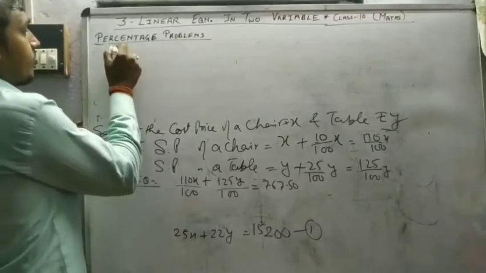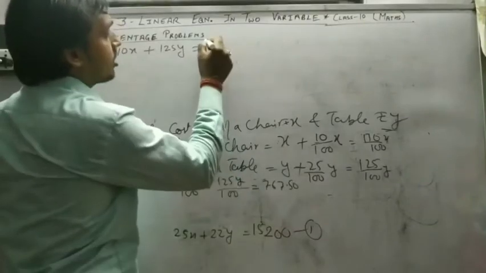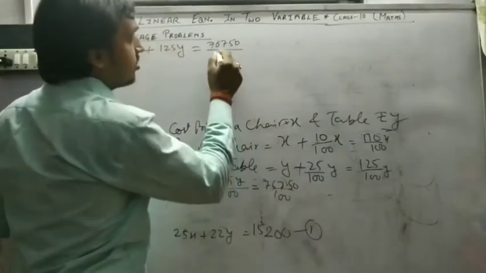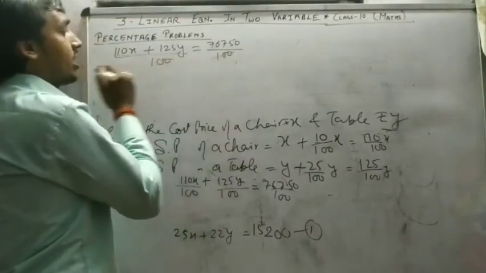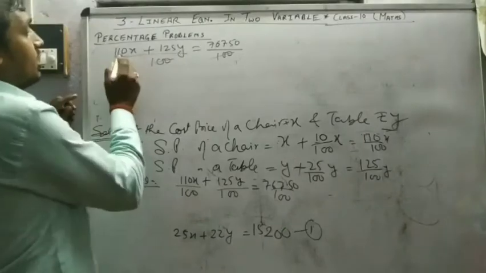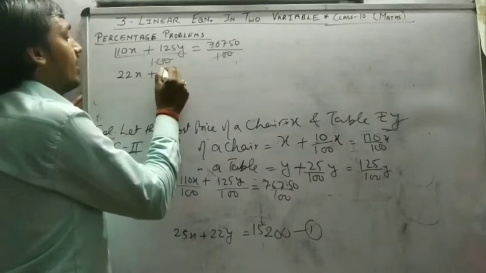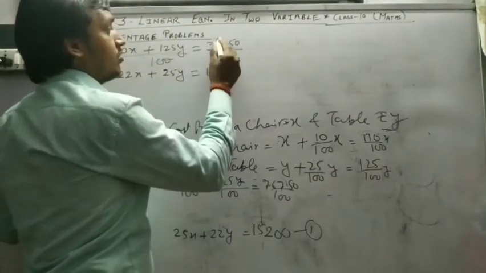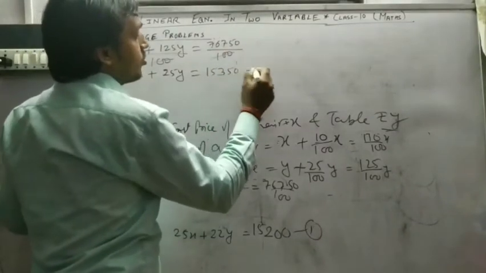So take the LCM: 110x plus 125y, the 100 sent to the opposite side, 767.50 times 100, the 100 cancels out, and you can make the equation by dividing by 5. That gives 22x plus 25y is equal to 15350.